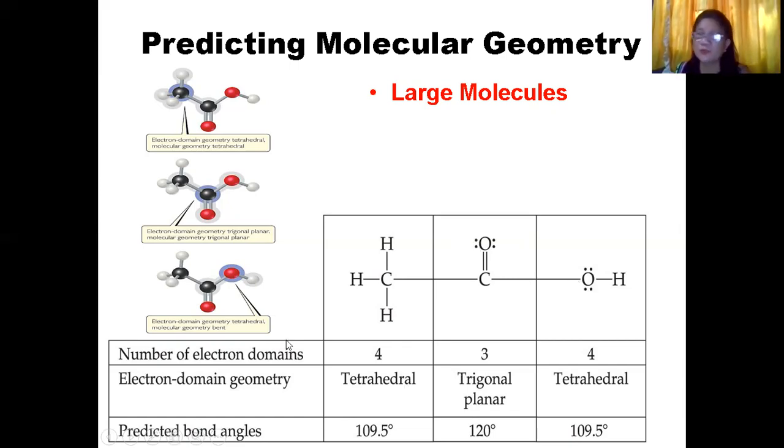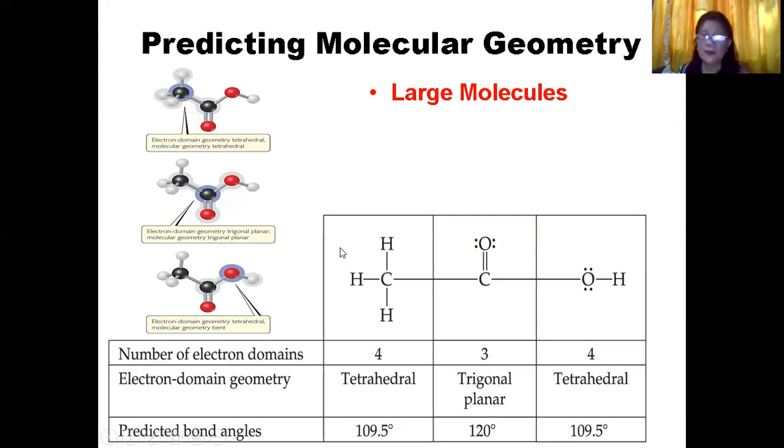So how are we going to predict? It should be by imo na siyang usa-usa, no? So this is the CH3, then ipang separate nimo, then the C, the carbonyl group, and the OH.